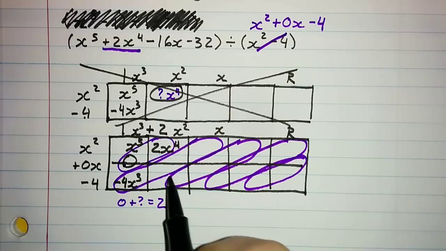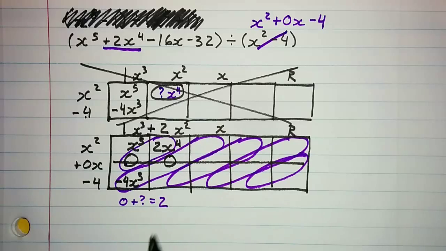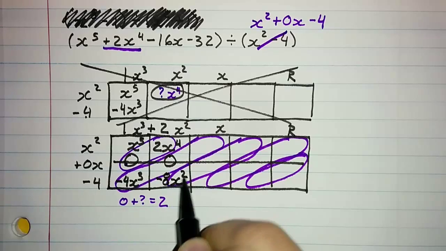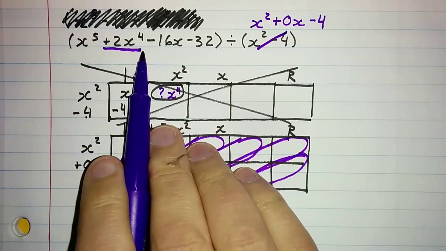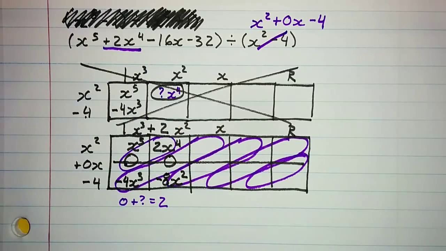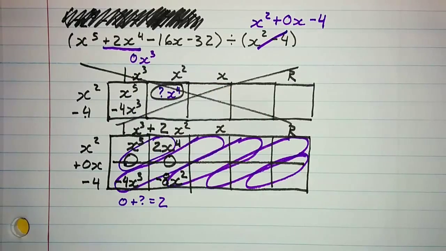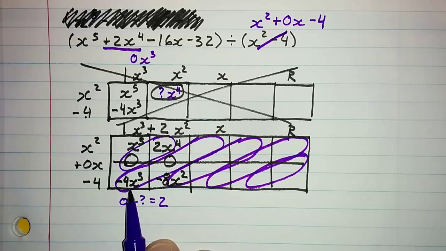Again, 2x squared times 0x gives me 0. 2x squared times negative 4 gives me negative 8x squared. X cubed, I don't see an x cubed, do I? There's no x cubed term here. What does that mean? Well, that means I have 0x cubed. My total coefficient along this x cubed diagonal has to be 0.